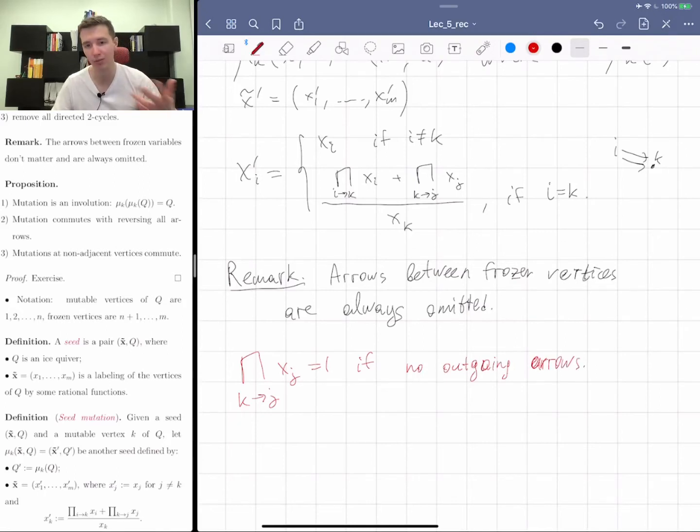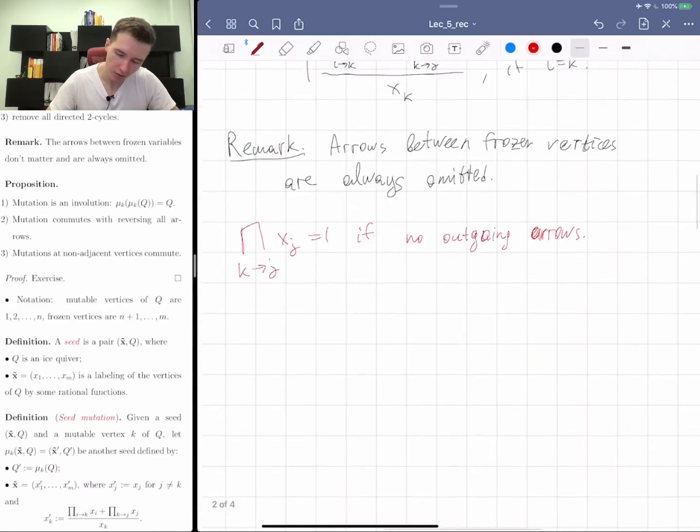So the product over an empty set is 1, as it usually is. And so let me try to do an example. Let's say I have a quiver with two mutable vertices, 1 and 2, labeled by x1 and x2.